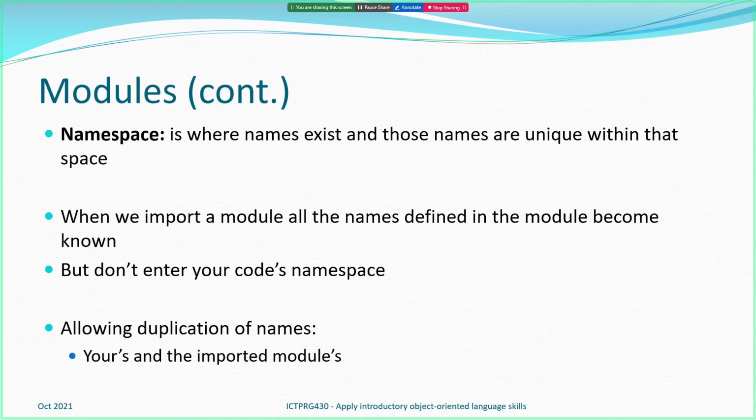We need to understand how names affect our variables, our functions, and how we change the environment when we import different modules. Now, you can have variables or names in your code, and they may be replicated within an imported module.